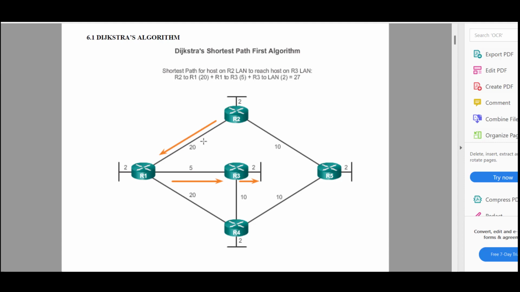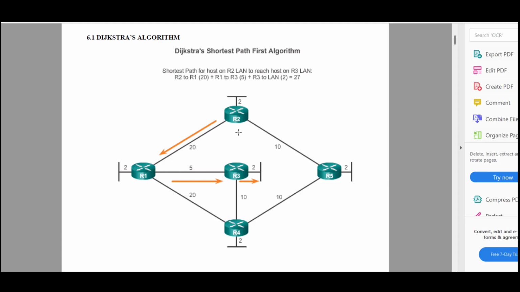For example, I want to reach from R2 to R3, so I calculate the cost. Now you can see this is 20, and here the cost is 5, so 20 plus 5 is 25. So with 25 I can reach R3.